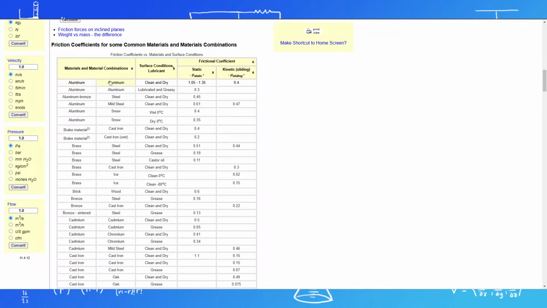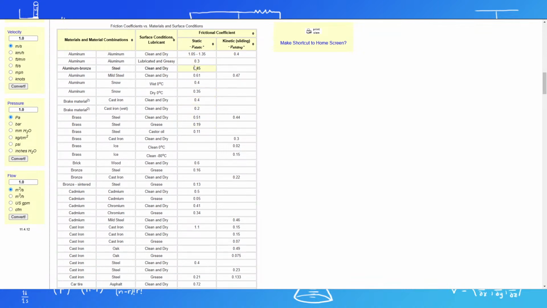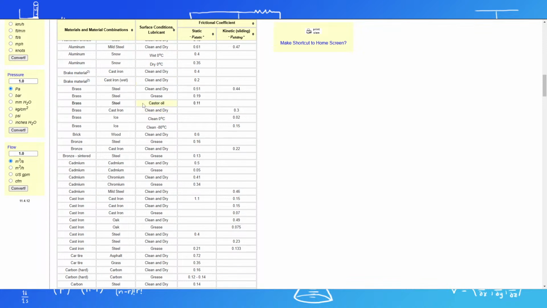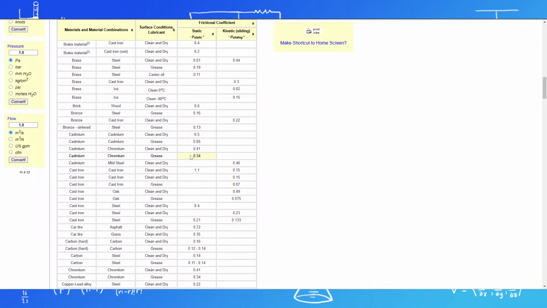And yeah, you've got aluminum on aluminum under clean and dry conditions, gives you a static friction coefficient of somewhere between 1.05 and 1.35, and a kinetic friction coefficient of 0.4. And you can just keep going down the list and seeing different combinations of material. Brass against steel, you've got 0.51 and 0.44.